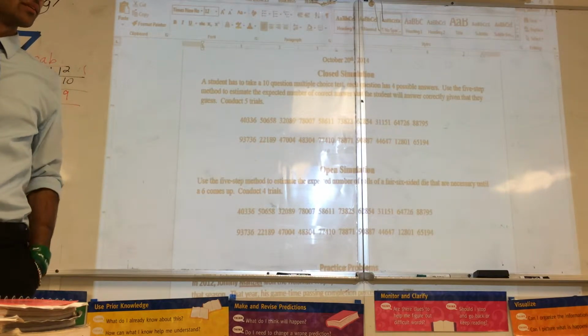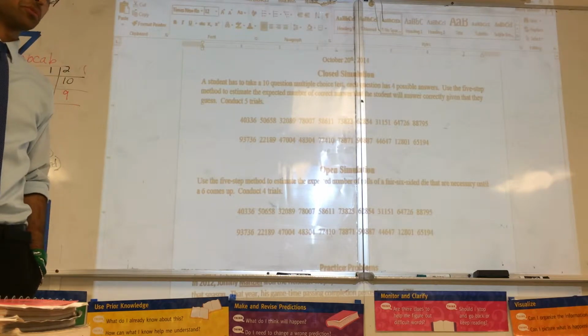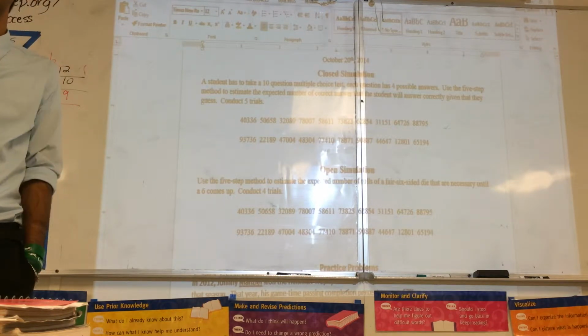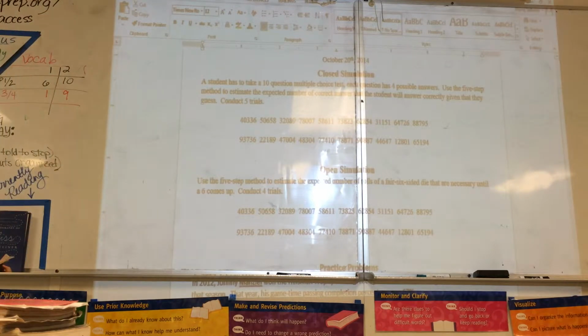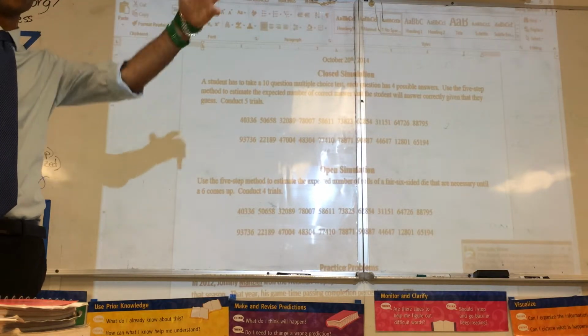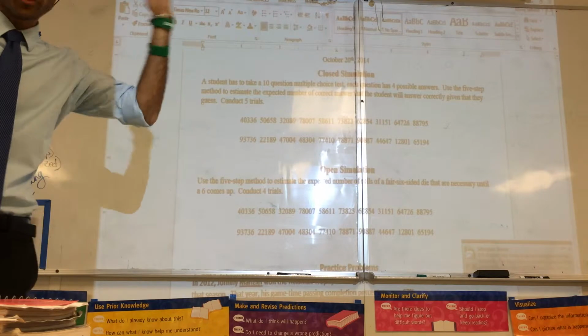Because of this potential difficulty, both in terms of cost and time, resources, etc., statisticians have come up with an ability to carry out what are called simulations to model real life without actually having to punch everything into the calculator or go out and buy a bunch of cereal boxes. So what do we mean by a simulation?